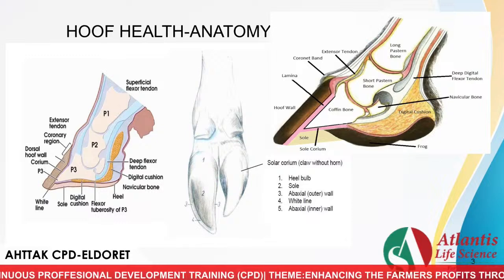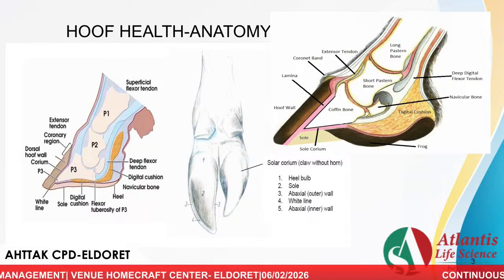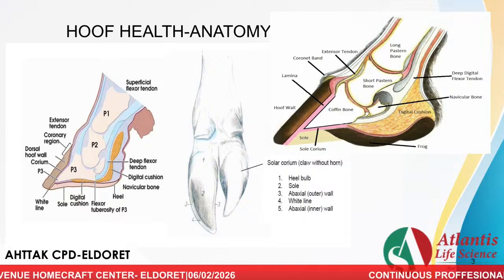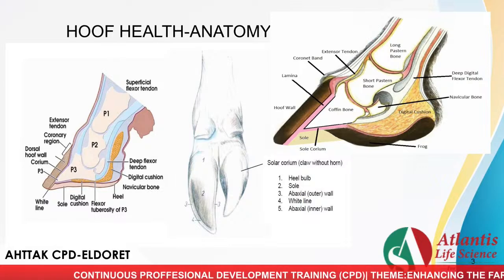There is also another good structure called the flexor tendon, the deep digital flexor tendon, that is used for flexing the hoof when the animal is in movement. We might have other things, but have those in your mind. And then we also have the white line that will come later.